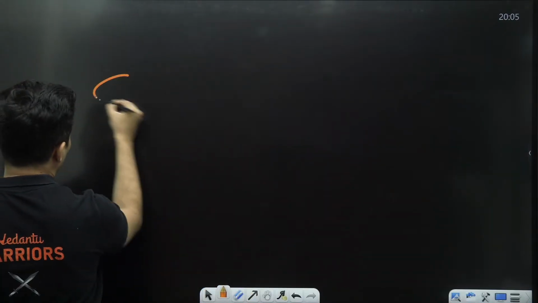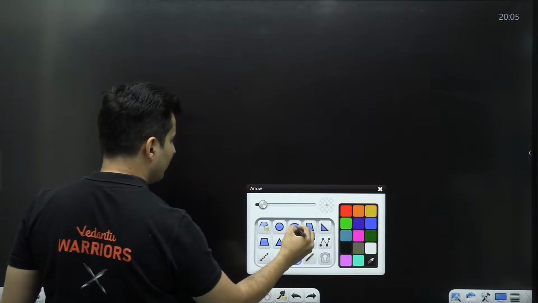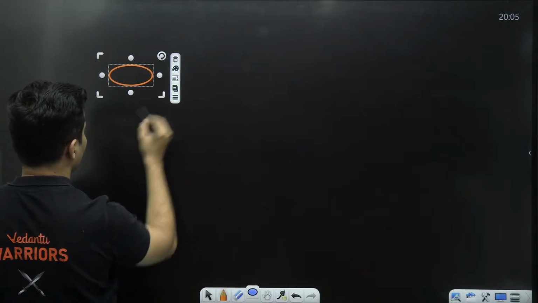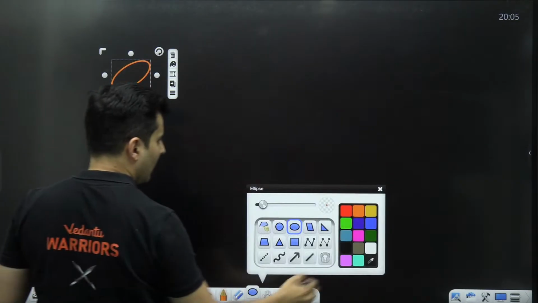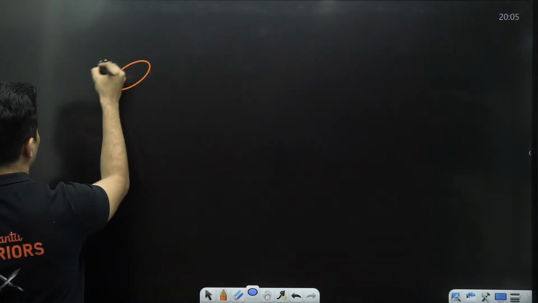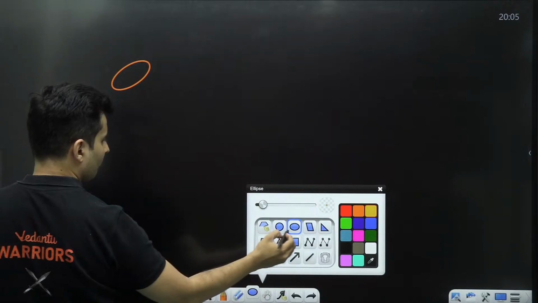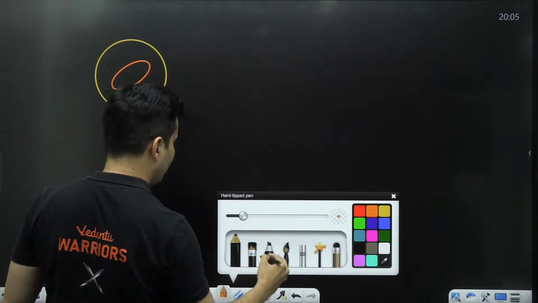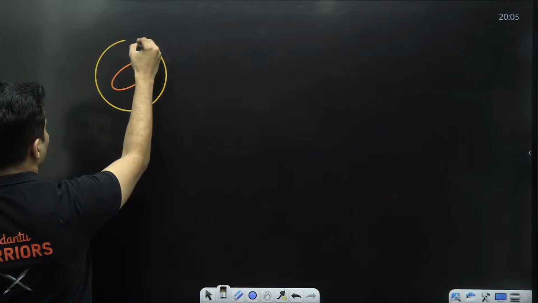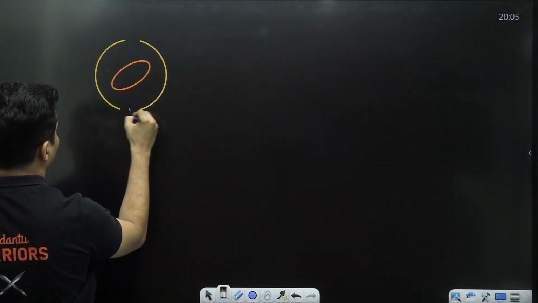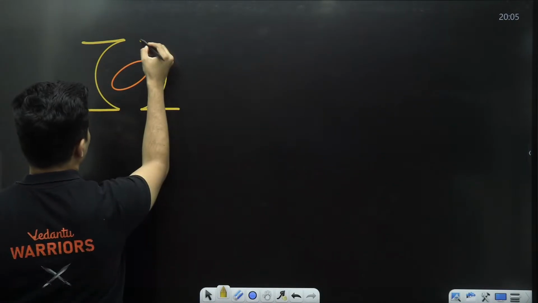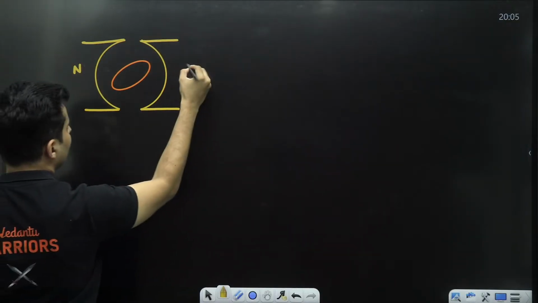Which means now, just imagine you have a coil, let's say like this, and it is now placed in between cylindrical magnets.